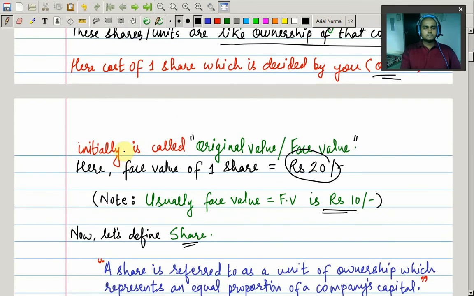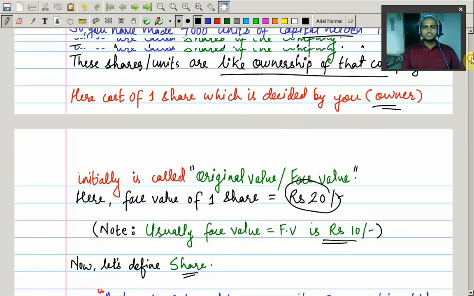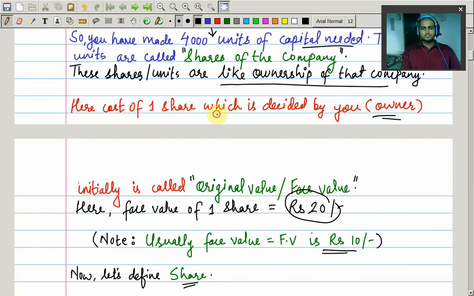Okay, so initially, the cost of one share, which is decided by you as an owner, is called original value, initial value, or face value.